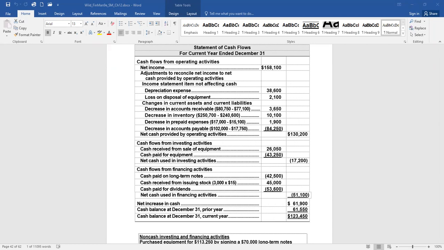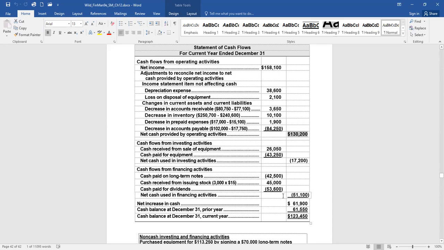It further goes on to say that they issued 3,000 shares of common stock for $15 cash. Then the impact on cash is a positive cash from selling stock. And in the final one, F, declared and paid cash dividends of $53,600. If they paid those, the impact on cash is a decrease.